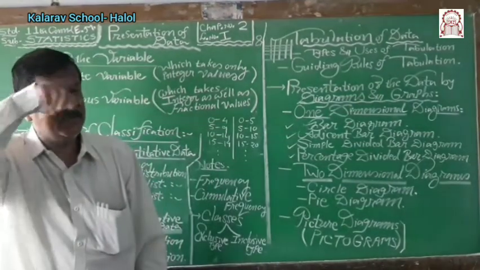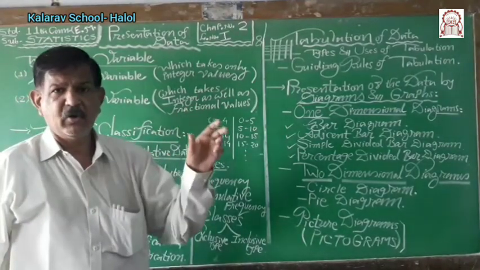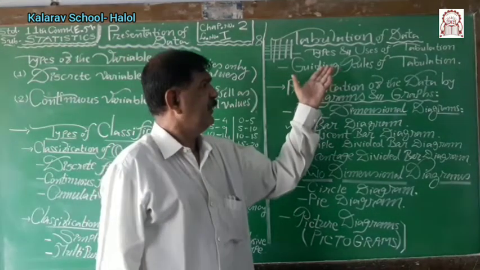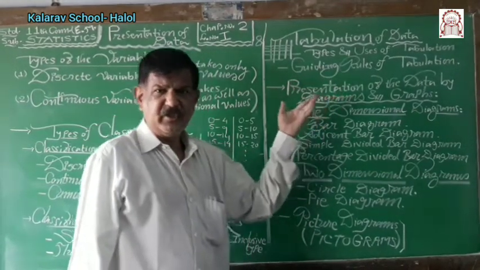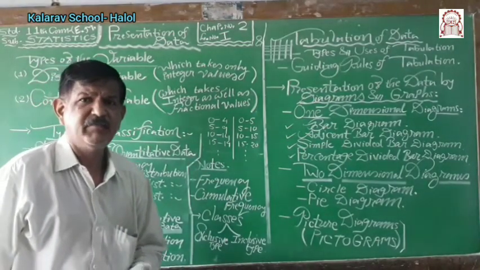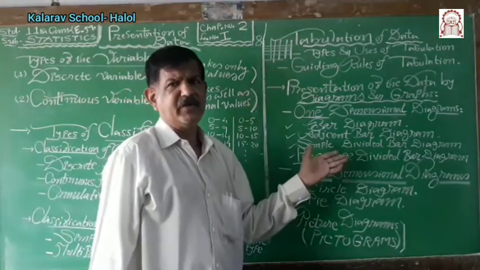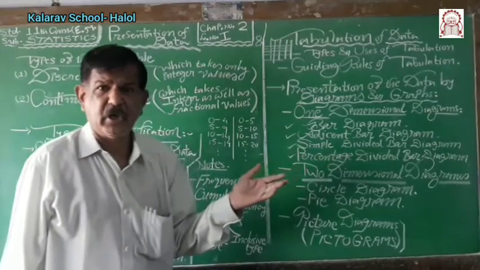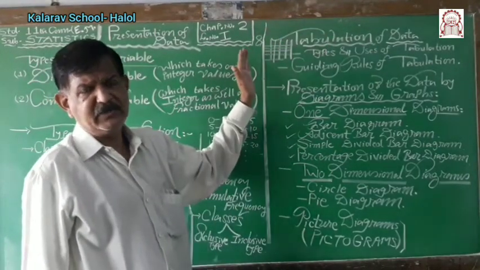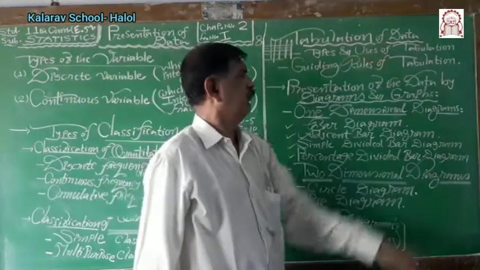The title must be clear, the headings must be clear, the number of rows, number of columns and sub-columns, the source of the information should also be noted, and instructions regarding units must also be clear, row-wise and column-wise. They are also known as caption and stub. Caption means column heading, stub means row heading. These are the main points of tabulation.